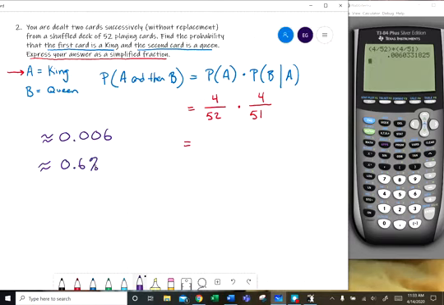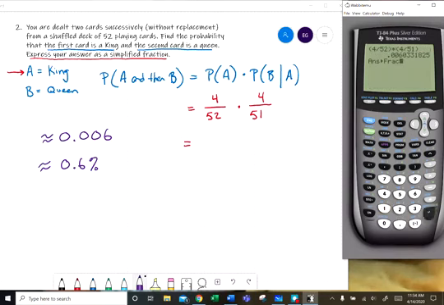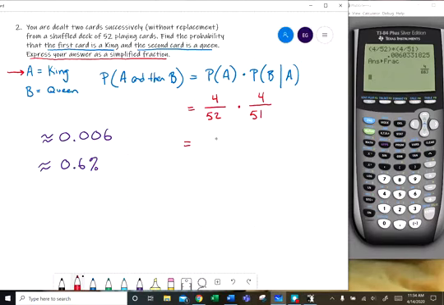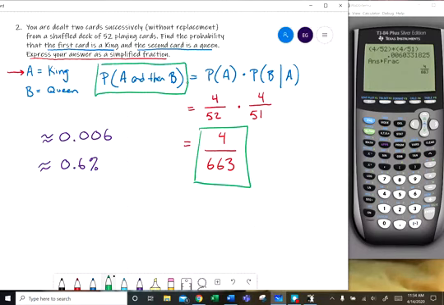But we want a simplified fraction, so let's use the calculator function to convert our answer to a fraction. And our simplified fraction will be 4 over 663. Okay, so the probability of A and then B is equal to 4 over 663.